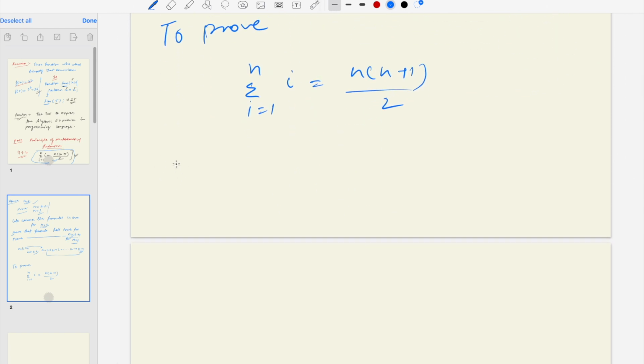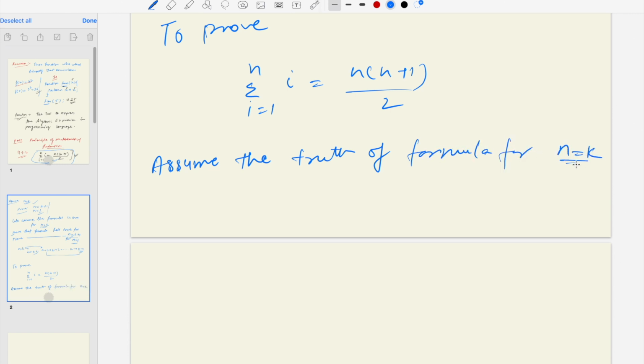So earlier, as I told you, we assume for n equals k. So here we also wrote: assume the truth of the formula for n equals k. Okay, so that implies that we will put the value of n, which is k, instead of n. So what will we write here?